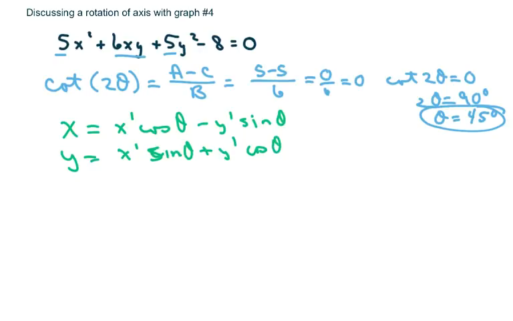So now I'm going to go a little faster. So x equals, if I change these thetas to 45, so that's my angle, I'm going to get cosine of 45 is square root of 2 over 2, x prime, and same for sine of 45.